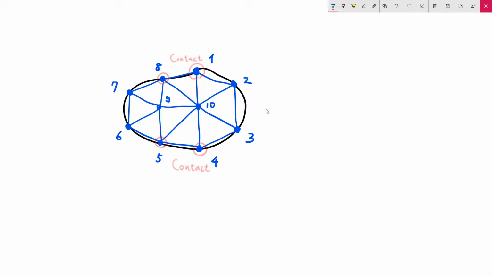For example, one contact has vertices like vertex number 4, or why don't you just say V4, this is a vertex, and vertex number 5. That is one thing. And another one is vertex 1 and vertex 8.